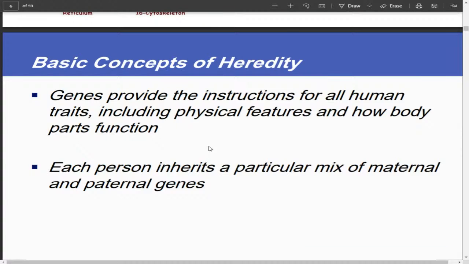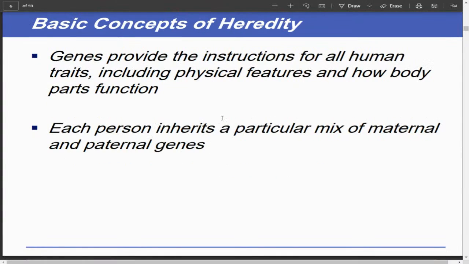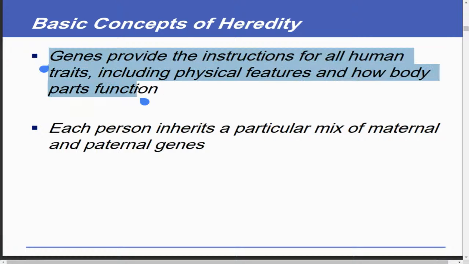Well, in this slide we have the basic concepts of heredity. The basic concepts of heredity. We have two paragraphs. Genes provide instruction for the whole human, traits including physical features and how body parts function. This is the importance of the gene.